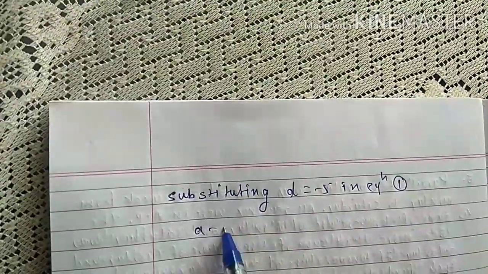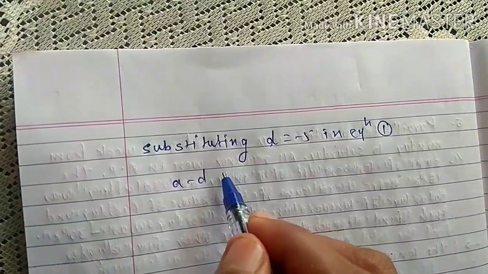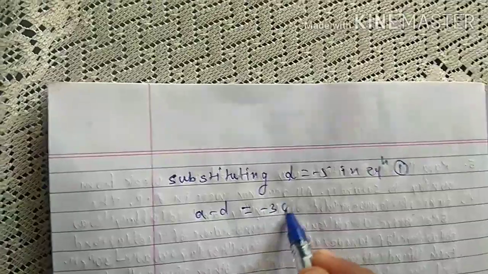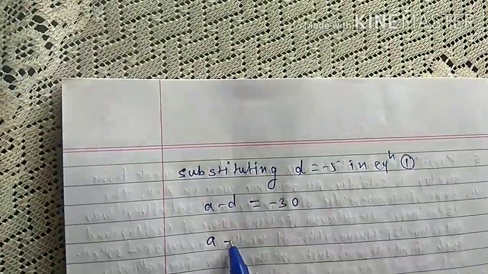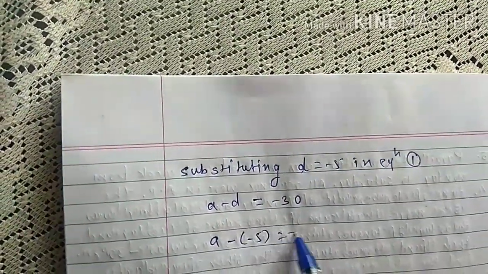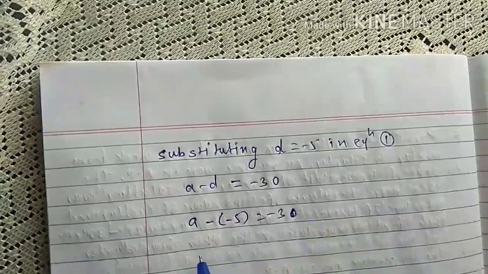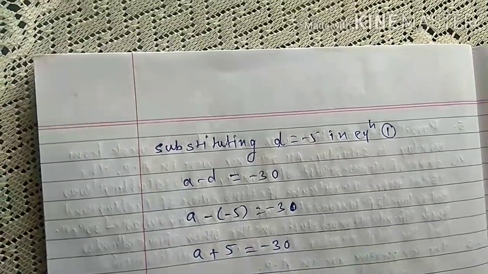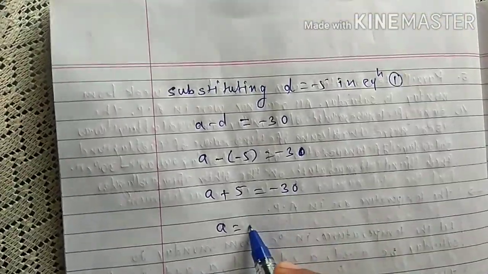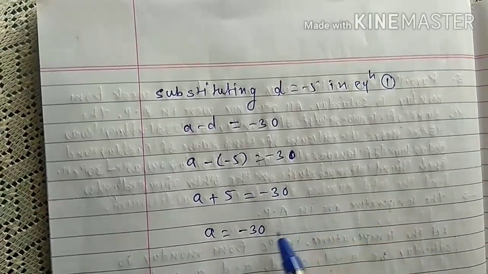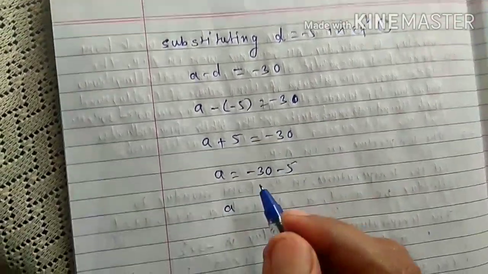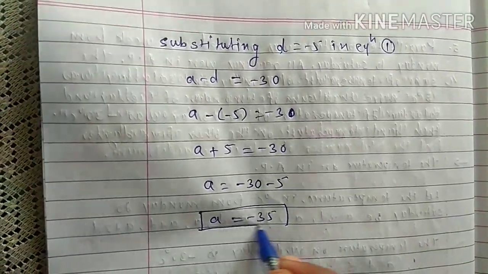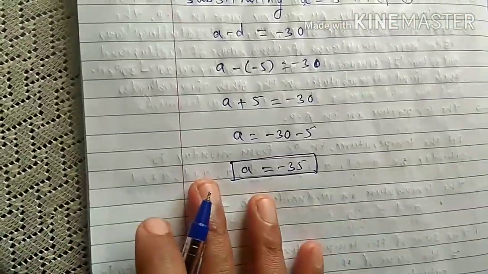Equation 1 is A minus D is equal to minus 30. So A minus D is minus 5 is equal to minus 30. So A minus minus gets plus. A plus 5 is equal to minus 30. So A is equal to minus 30 plus 5, A take to the other side, it becomes minus. So A is equal to minus 35. What did we get for A? Minus 35.